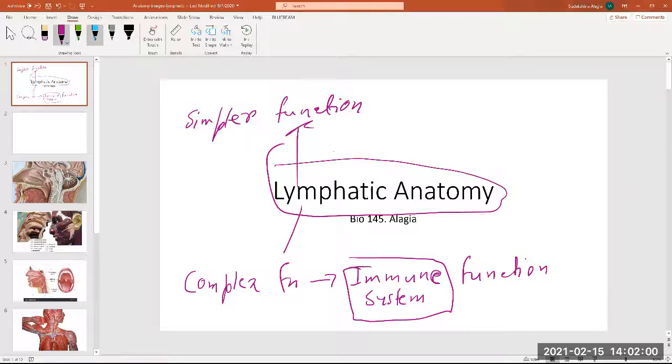So this is a system that's unique in that it exists for some simpler functions in the body, and it also provides some of the most complex functions as far as defense against intruders is concerned. So in this demo, we are focusing on the simpler function, which is lymph and its drainage.